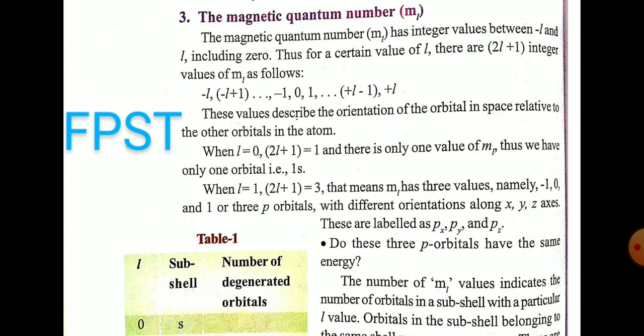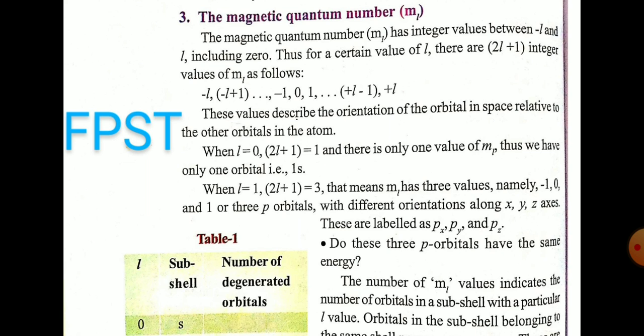Means the principal quantum number tells us about the orbit, the angular momentum quantum number tells us about the suborbit, and the magnetic quantum number tells us about the orbital. It refers to the orbital.